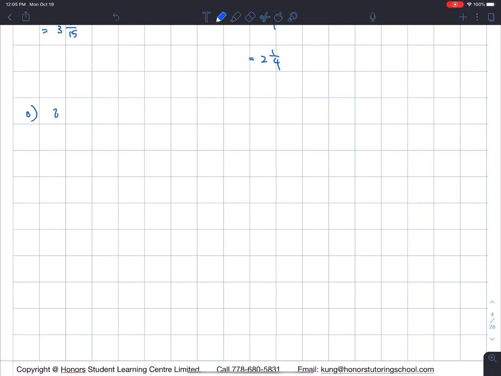Question O. 8 times 1 over 10 divided by 5 and 3 over 4. 10 times 8 is 80, plus 1 is 81. 4 times 5 is 20, plus 3 is 23. And then flip this over. Divide this by 2 to get 2, divide this by 2 to get 5.